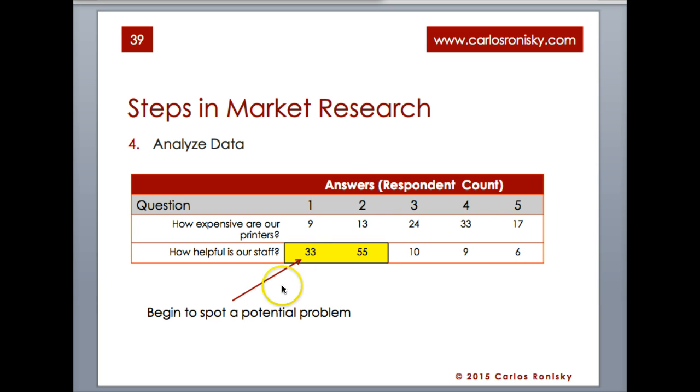So here we begin to spot a problem where 33 people answered not very helpful at all, and 55 people answered somewhat unhelpful. And this is where, when you're analyzing the data, you can begin to see insights which would otherwise not have been possible from a simple yes or no question.